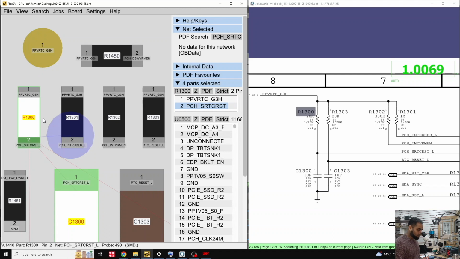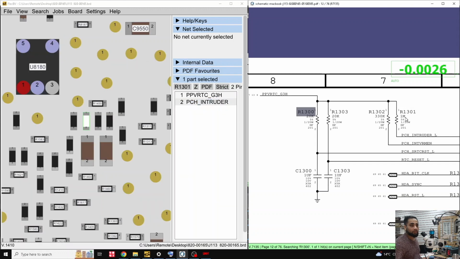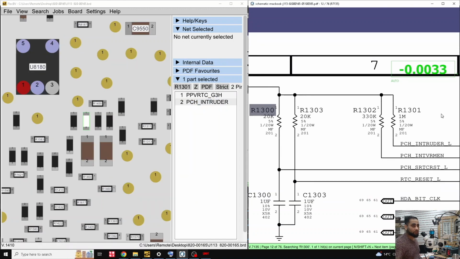We're receiving 3 volt here, 3 volt here, 3 volt here. 3.1 is okay, 3.3 and 2.8 is also fine because it's a higher value resistor. R1301 is in mega ohm. The resistance is 1 mega ohm, that's why 3.3 has changed to 2.8.